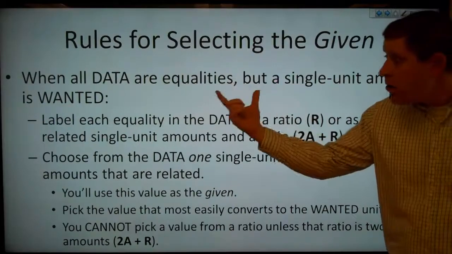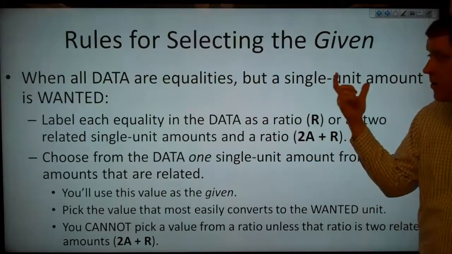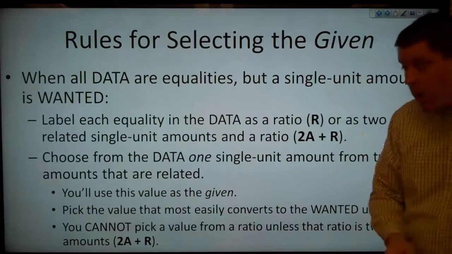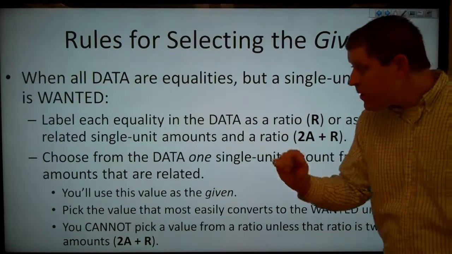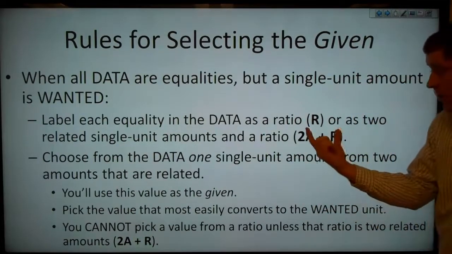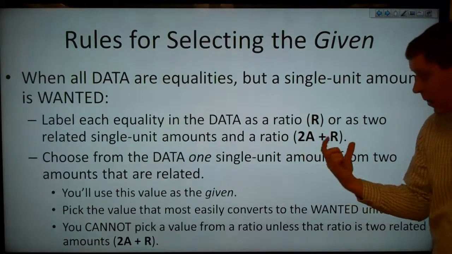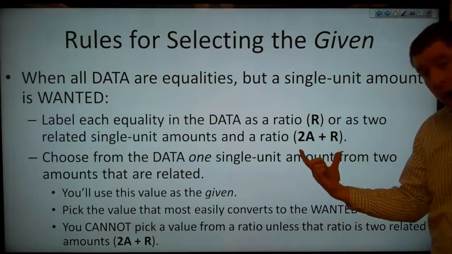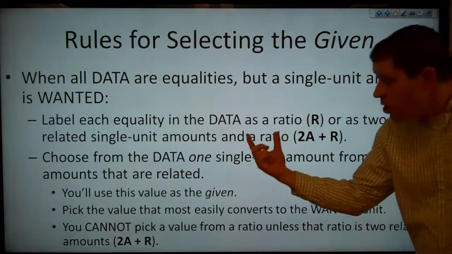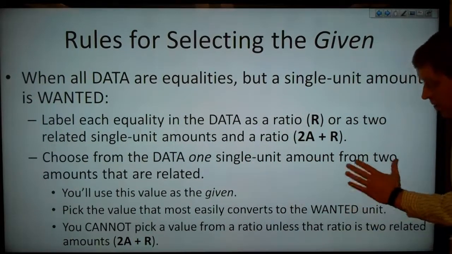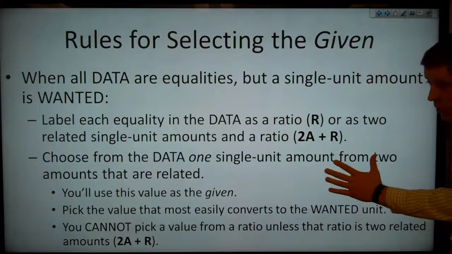So when all data are equalities, but a single unit amount is wanted, then label each equality in the data as a ratio or as two related single unit amounts and a ratio, so either R or 2A plus R. And then choose from the data one single unit amount from two amounts that are related.